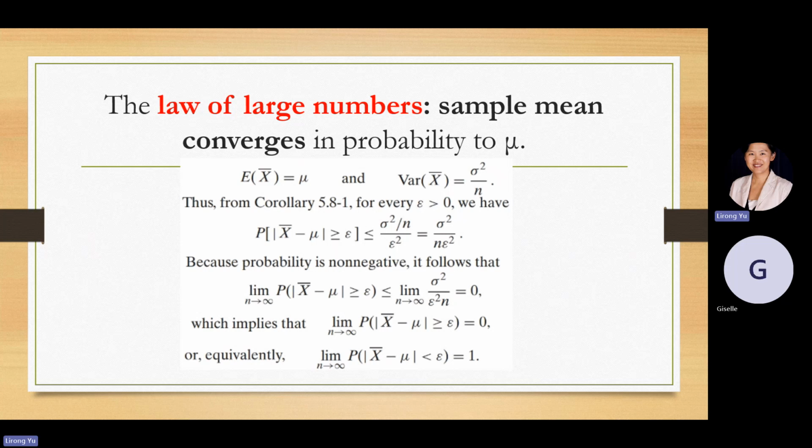That is, the sample mean converges in probability to the population mean. That was verified in the binomial case. Now we can verify the same thing: if you make n go to infinity, X bar approaches mu in probability. That convergence is guaranteed because of the Chebyshev theorem. So we can connect the Chebyshev theorem with the law of large numbers.